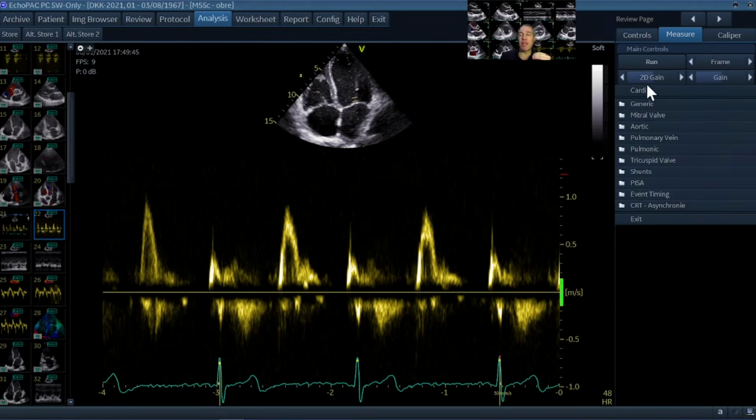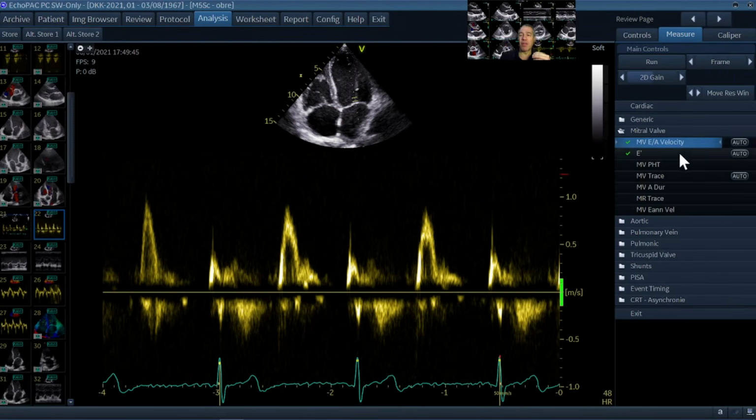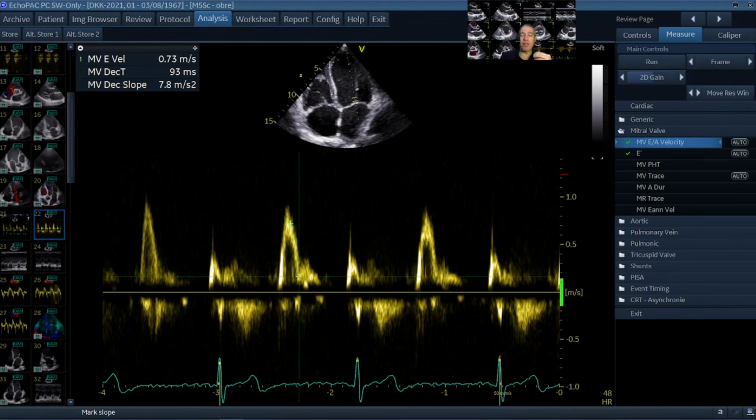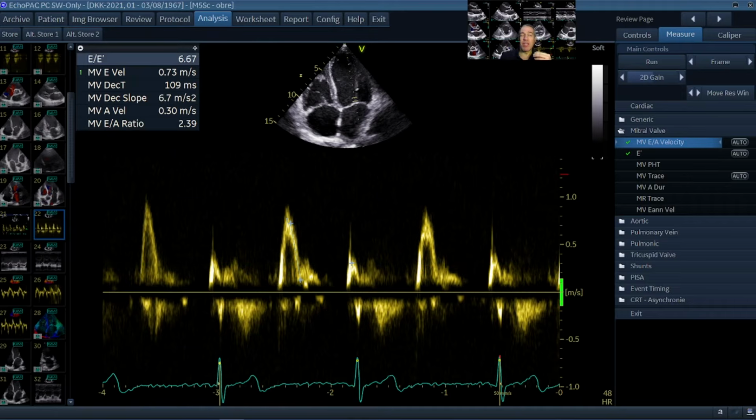We repeat the measurement of the E to A velocity. Just doing that briefly, that should give us the ratio. And here the ratio comes up for the lateral wall with 6.7, which is a clearly low value, indicating that the left ventricle has a good relaxation property and that the left end diastolic pressure is not elevated.